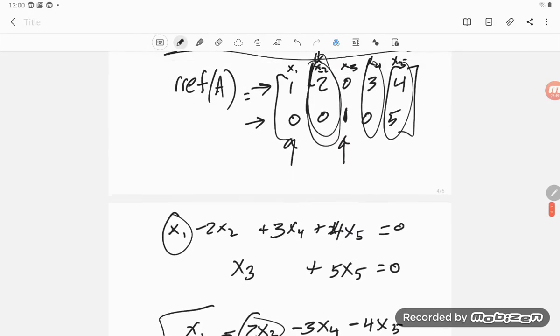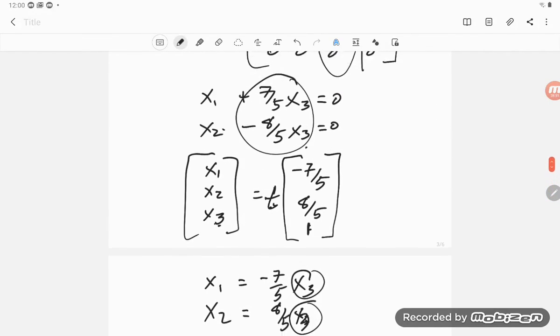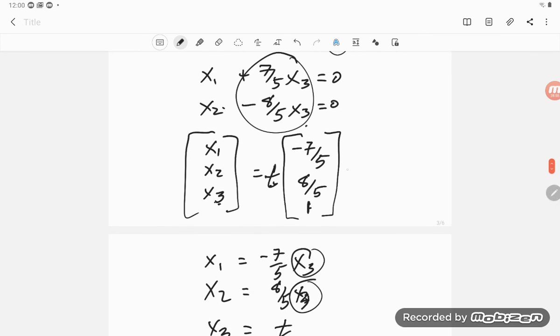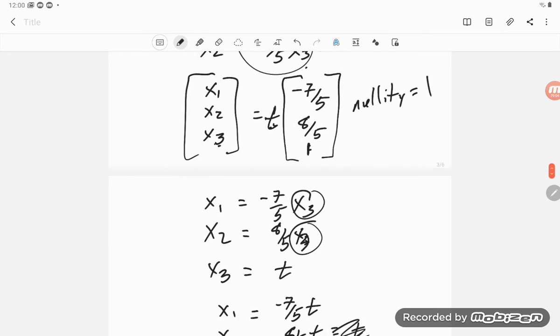Okay, and if we go back up here, I think I jumped over that. Right here we have our nullity, or dimension of the null space, is 1, and our rank was 2.